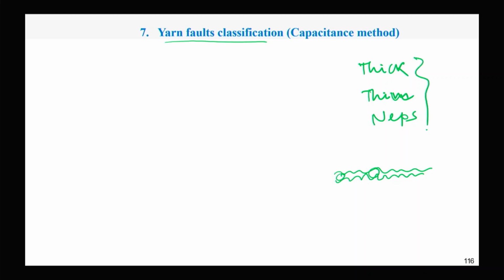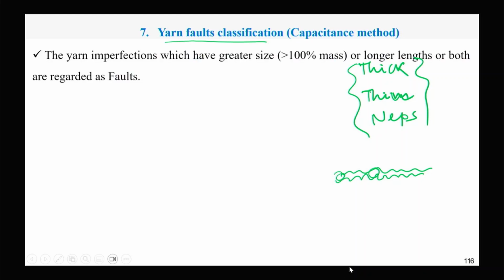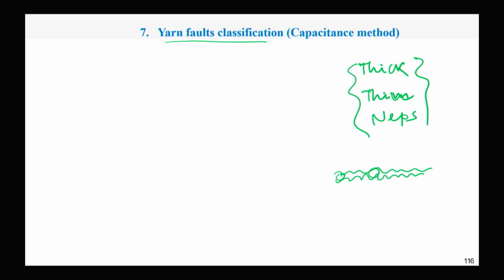But apart from this type of faults, these are also faults, but they are classified as imperfections, to differentiate them from the faults. Faults are the defects with a higher intensity, which are unacceptable in most cases.